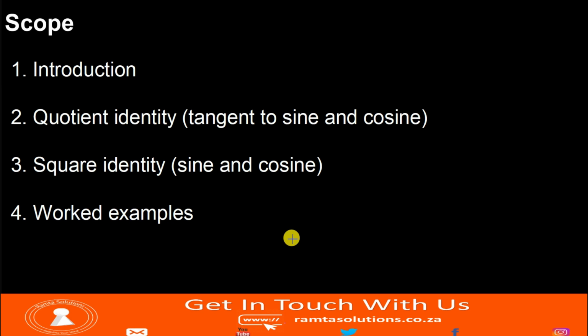Mostly for identities, you will be asked to prove if something equals another, or you need to know what something can be summarized to. Without any waste of time, let's get into it. We are going to look at your quotient identity.